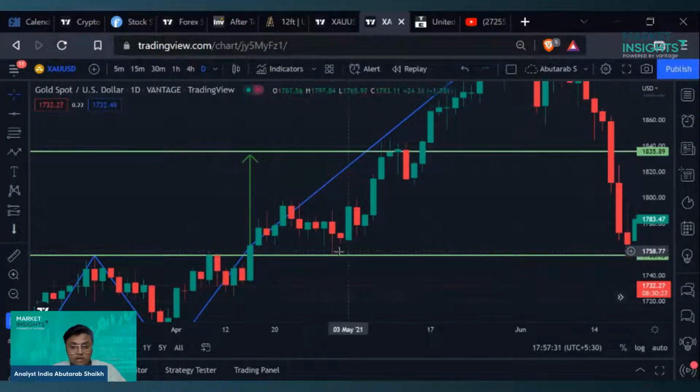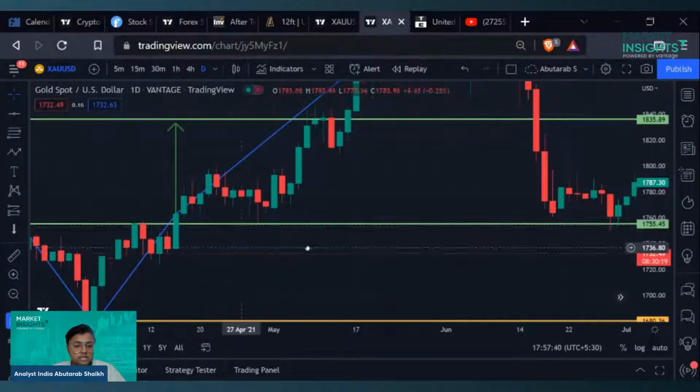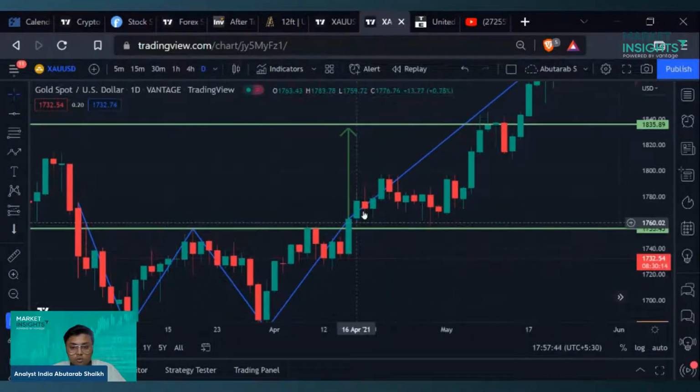Look at this level, how it has bumped up from here, closed up here somewhere, and then went up again. This resistance, previously in the W pattern, was acting as a resistance, but once it has broken out, now it is acting as a support.